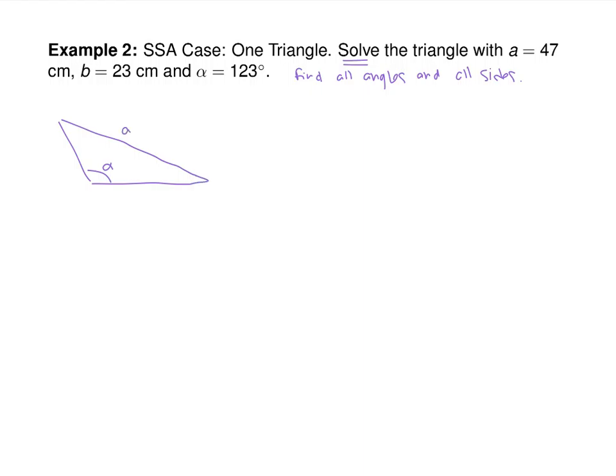Opposite side is A. They told us that's 47. This alpha is 123 degrees. If I call this one beta, here's my opposite side B, and that's equal to 23. There's my gamma side, here's my C, and I don't know that one.